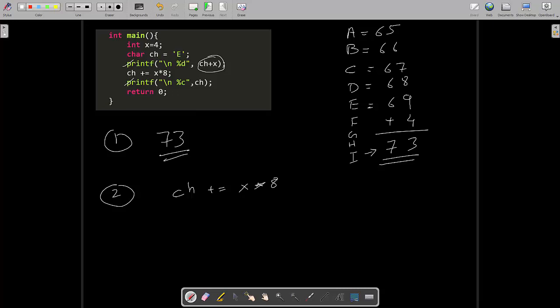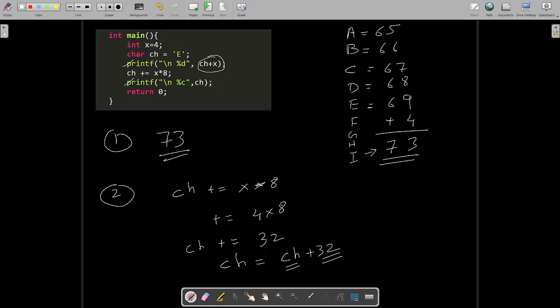This is nothing but ch plus equal to, the value of x currently is 4, so 4 into 8, that is ch plus equal to 32. And if I expand this, this is ch equal to ch plus 32. So whatever is the value of ch, that is added with 32 and you get the answer.